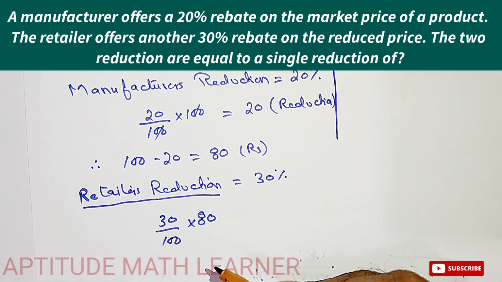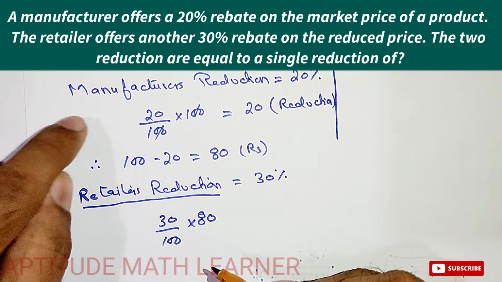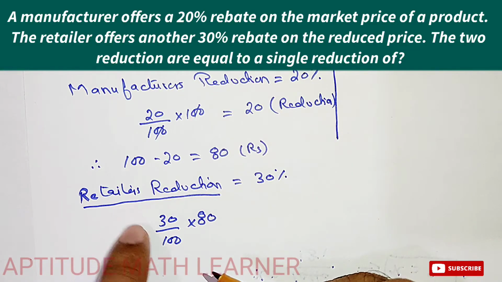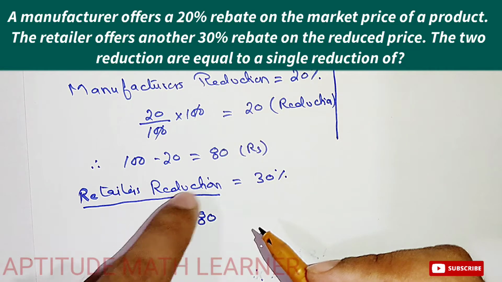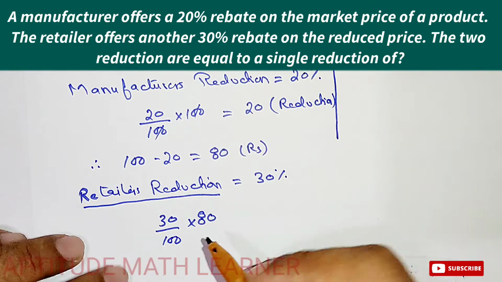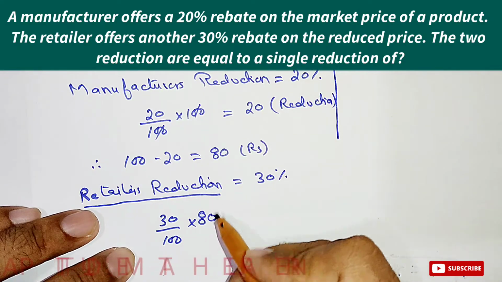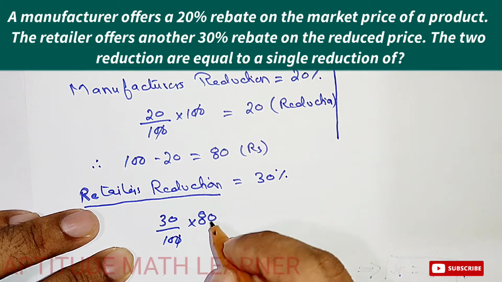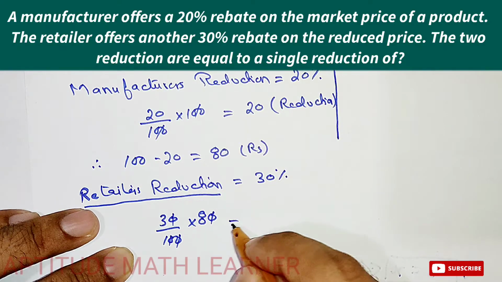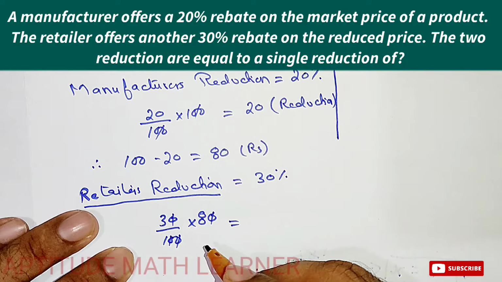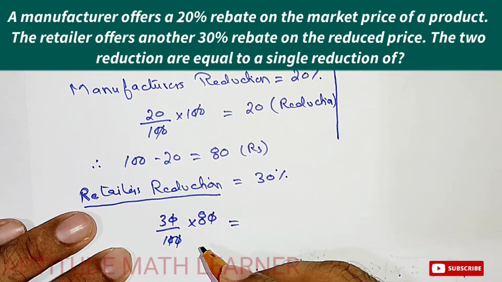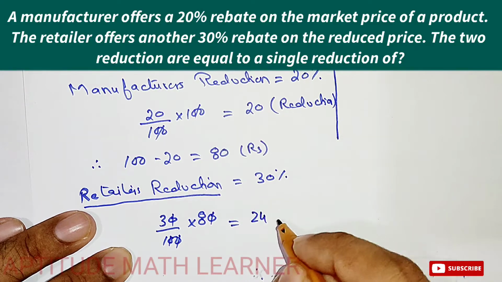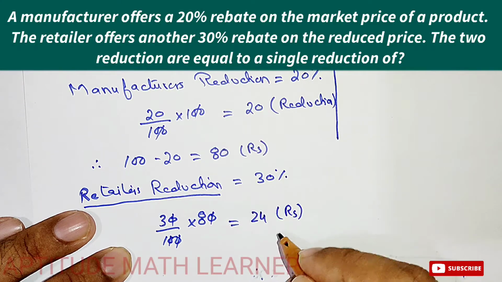So here we have two reductions, one by the manufacturer and the other by the retailer, and now we take the percentage reduction on the reduced price, which is 80. The 0 cancels out, and this becomes 3 multiplied by 8, which gives 24 rupees.